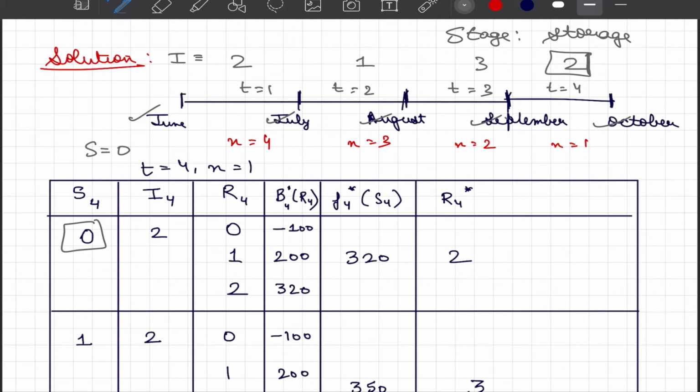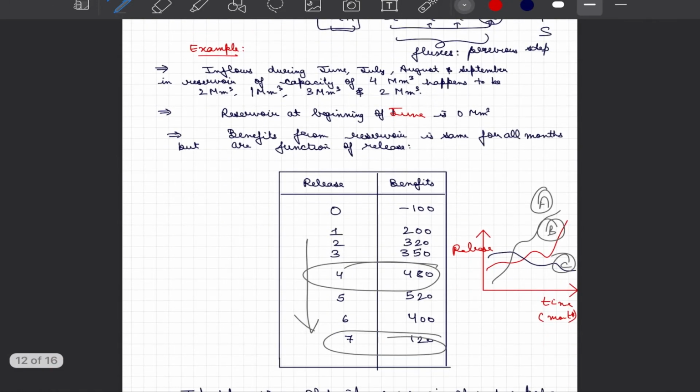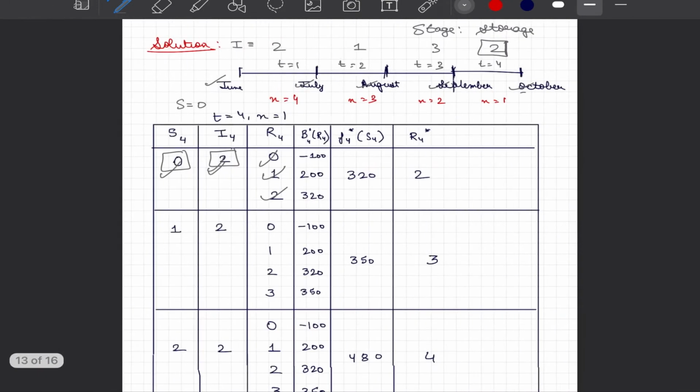In the month of September to October, we have no control on I4 because it is happening because of an atmospheric process. So we are going to get 2 units of precipitation. Now our initial storage is 0. Our I4 is 2. Now we have three options: either we release 0 units of water, 1 unit of water, or 2 units of water. And from our release table, we already know the values corresponding to the benefits that we will get from each unit of release.